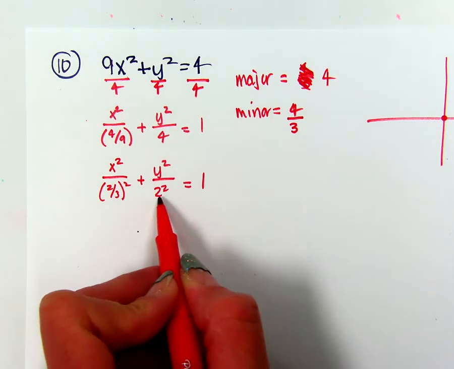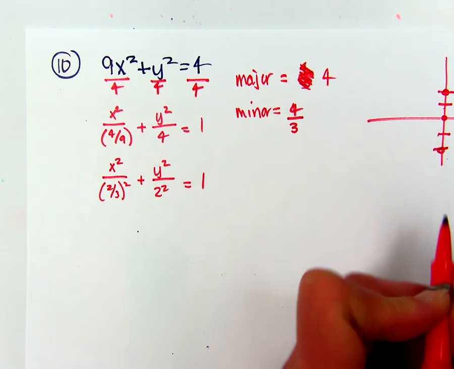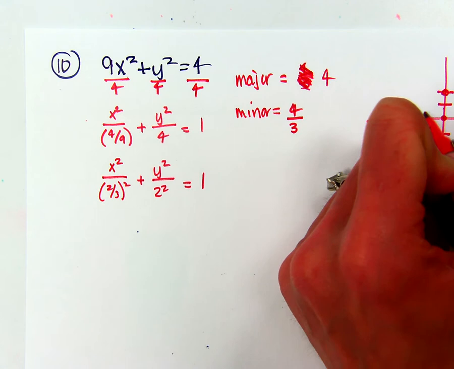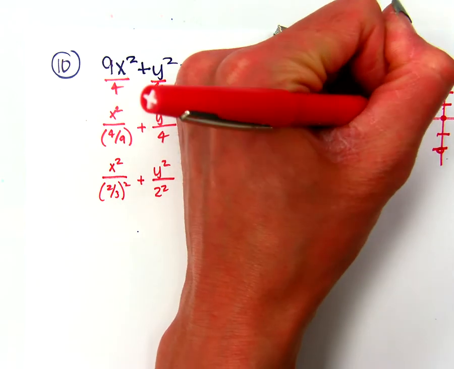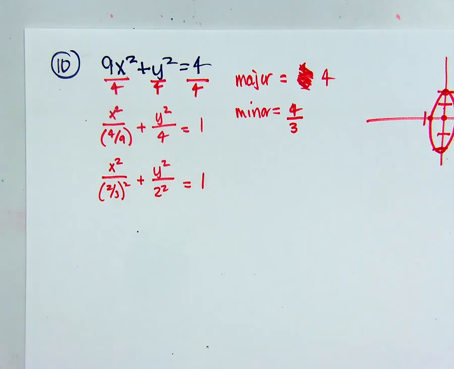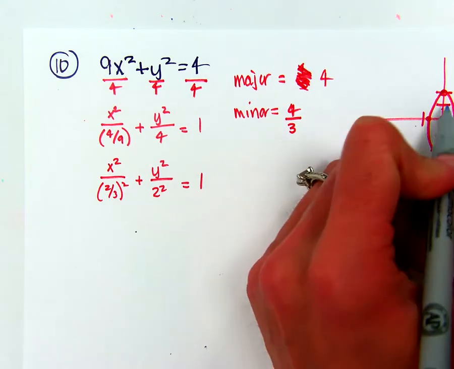All right, so I need to go 2 units in the y direction, up and down from my center. I need to go 2/3, so a little less than 1, in the x direction, so this is an ellipse that's longer vertically, which means that my focal points are going to be somewhere along here.